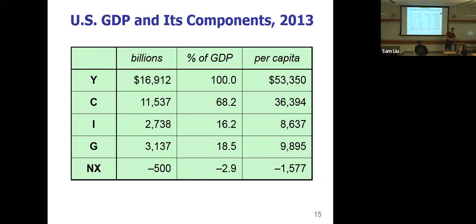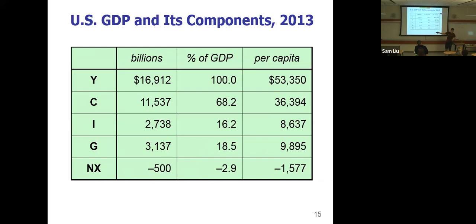If you think about it, that's still just a fraction of how much we consume even at home, right? Let's say that we export $2 trillion, and the fact that this is negative just means that we import 2.5 trillion. So 2.5 minus 2 creates the $500 billion deficit.